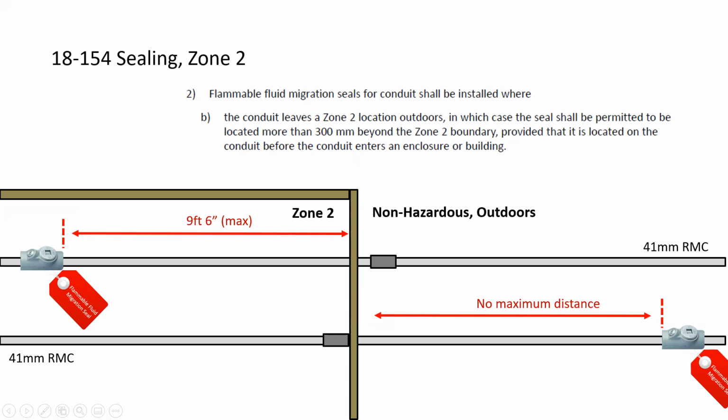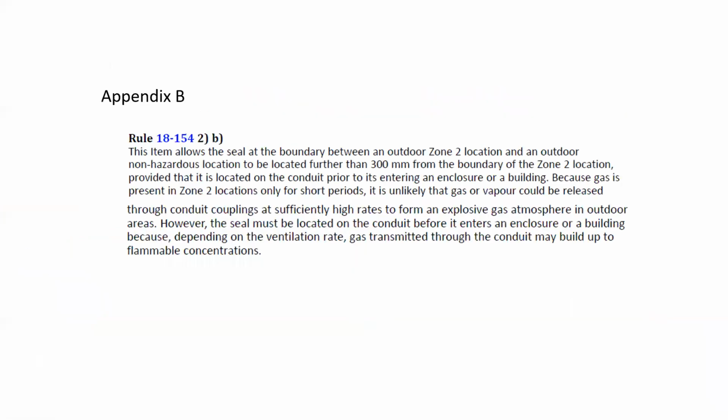So it continues on until it enters into something else. Now, Appendix B, 18-154, Subrule 2, Item B, provides a little additional information on why this requirement is a little bit different when we're going to an outside location. And you can take a look at that when you have a little bit of time.